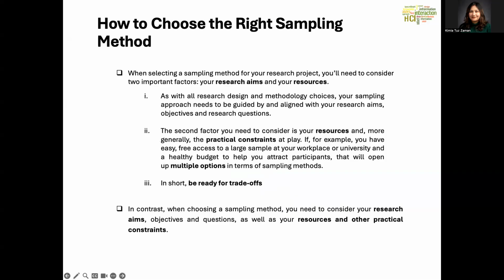An important question is how do you know which sampling method is right for your research or your product? Choosing a sampling method comes down to two key things: first, your research aim, and then the available resources. You start with the aims: what questions do you need to answer, and what level of generalization or subgroup detail do you need?